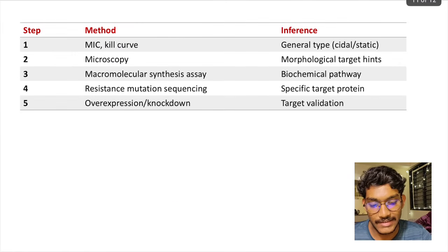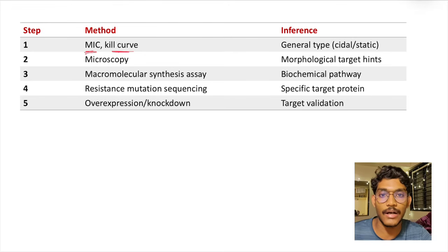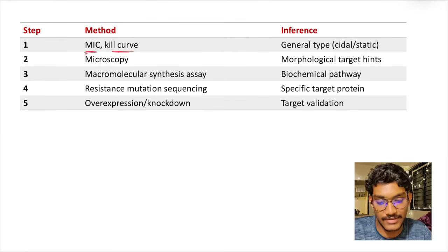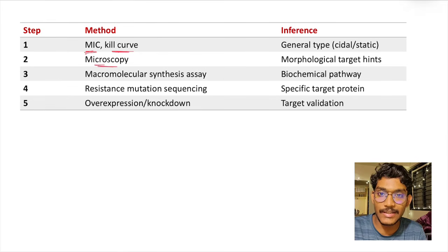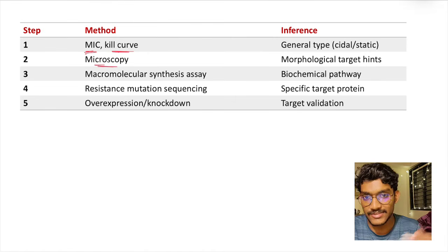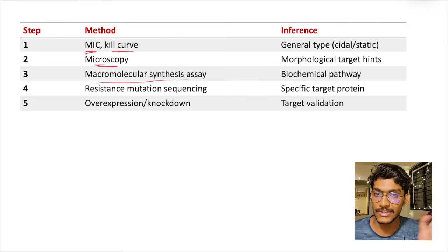So to summarize everything, first of all we will detect the MIC value, and with a time kill assay we will detect the nature of the antibiotic, whether it is a bactericidal or bacteriostatic drug. Then we will perform microscopy techniques to initially assume what the mechanism of action might be by observing microscopic changes in the structure. Then the most important part is the macromolecular synthesis assay, through which we will detect the incorporation of certain precursors.